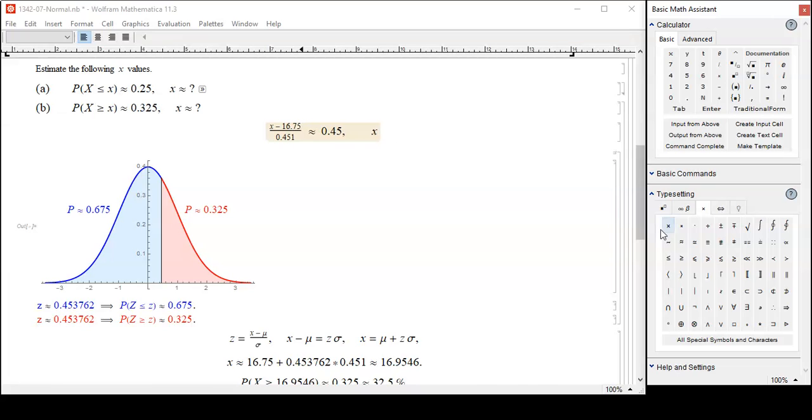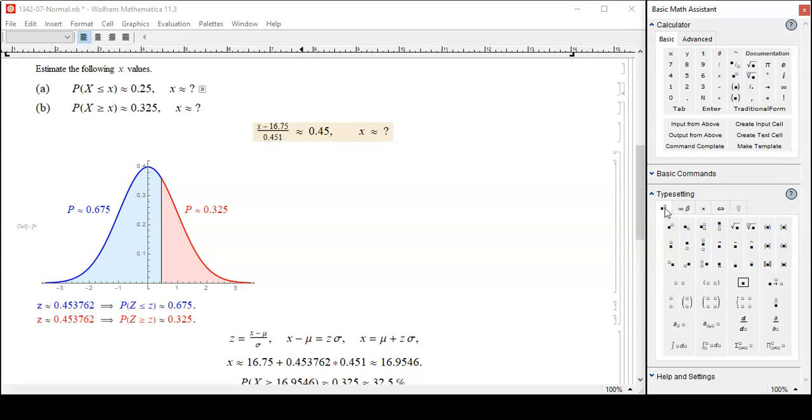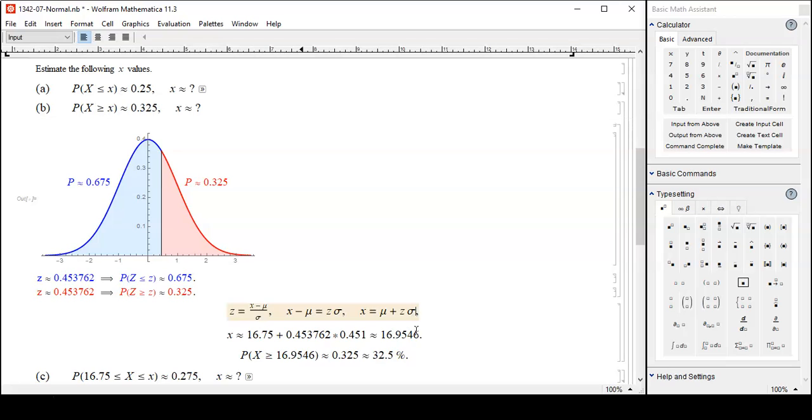And for this x value, that shouldn't be too hard. If you do it right, you're going to get this kind of computation, and in the end, you're going to get this kind of answer.